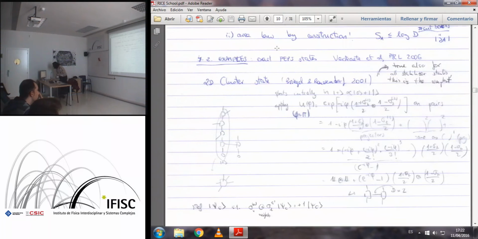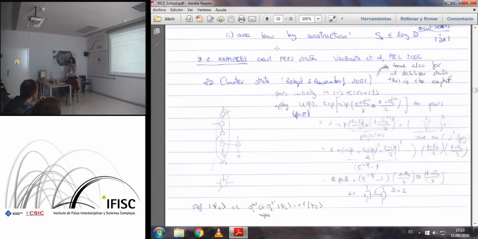Okay, just as we did for MPSs, some interesting quantum information states can be expressed exactly as PEPS. And one example is the cluster state. The cluster state was introduced by Briegel and Raussendorf in 2001, so already some years ago, and it was shown to be very powerful for quantum computation, because it can be the basis for measurement-based quantum computation.